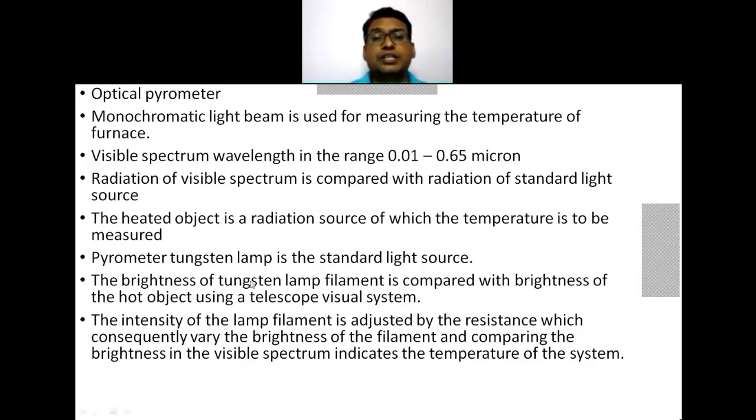So the brightness of the tungsten lamp filament is compared with the brightness of the hot object using a telescope visual system. Then the intensity of the lamp filament is adjusted by a resistance, which varies the brightness of the filament, and comparing the brightness in the visible spectrum indicates the temperature of the system.